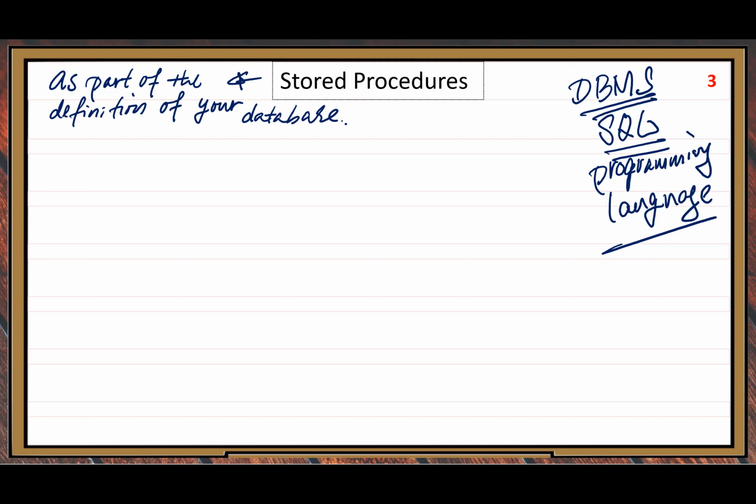But when you do that transfer from one machine to another machine, suppose you have a stored procedure. The stored procedure is exported in SQL statements, a block of SQL statements.